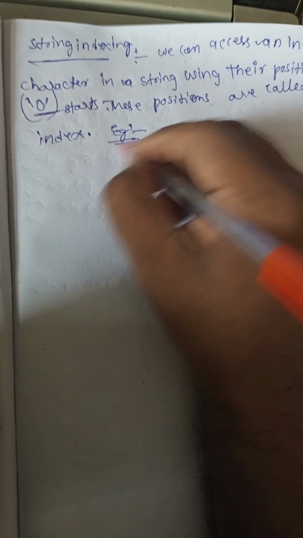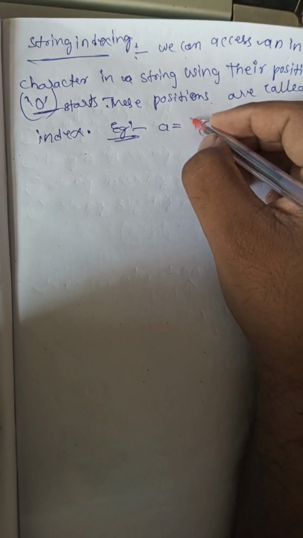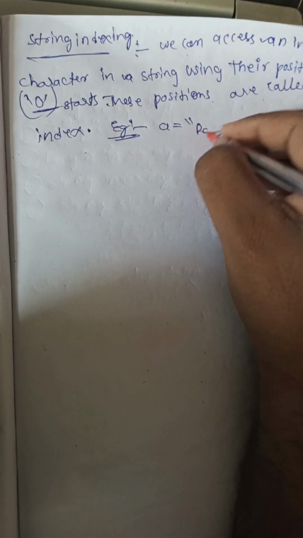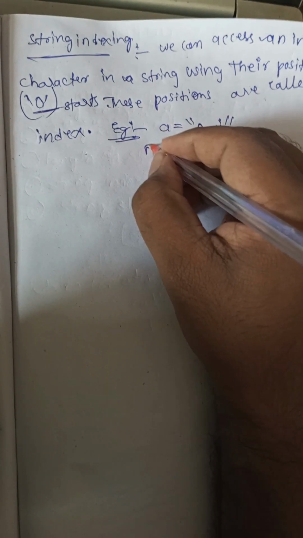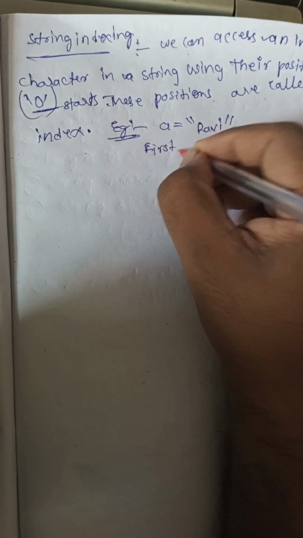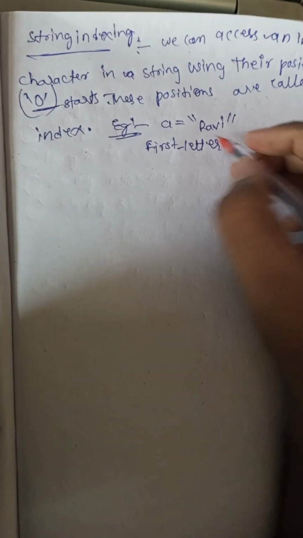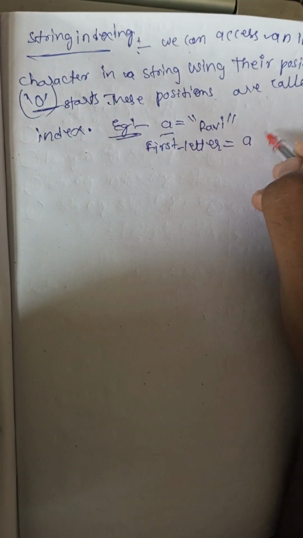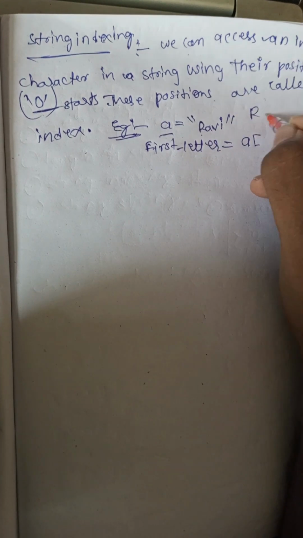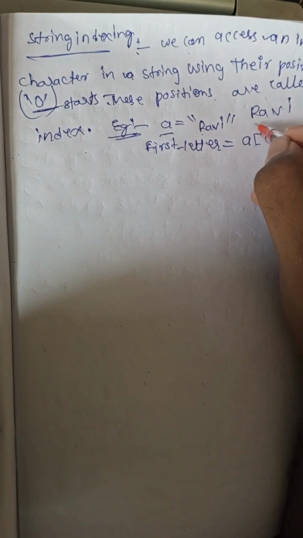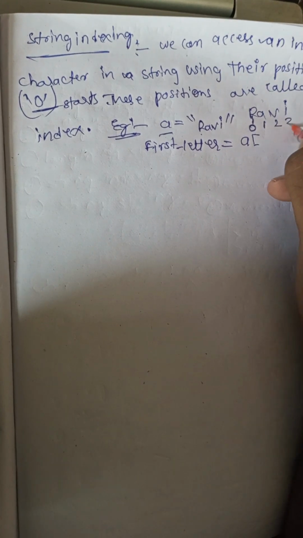Suppose we take an example. We take A as input, Ravi. See, the first letter is this R, and our tag is 0. How do we tag? We tag the first letter 0, then 1, 2, 3.